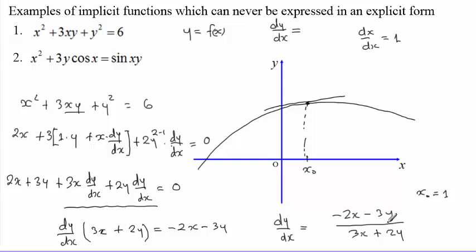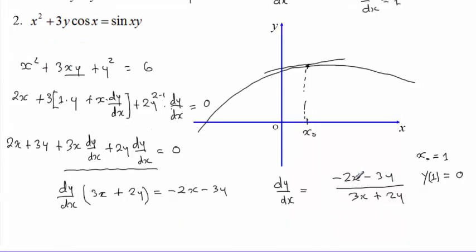So to find the slope, we would need to be given also the value of y. So we can assume, let's say, the value of y at x equal to 1 is equal to 0. If we do that, then to find the slope, let's call it m, it will be to evaluate the derivative with respect to x when x is equal to 1 and y is equal to 0.